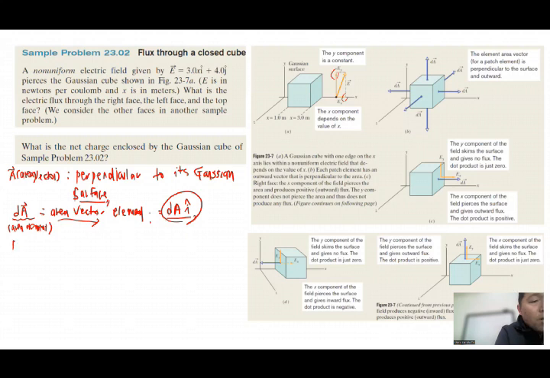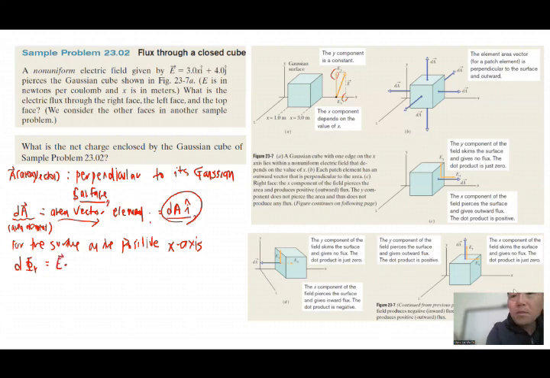So for the surface on the positive x-axis, it is given by this definition that the flux element dΦ is the electric field, the vector quantity of the field at that spot pointing right and upward, dotted with the area vector dA.